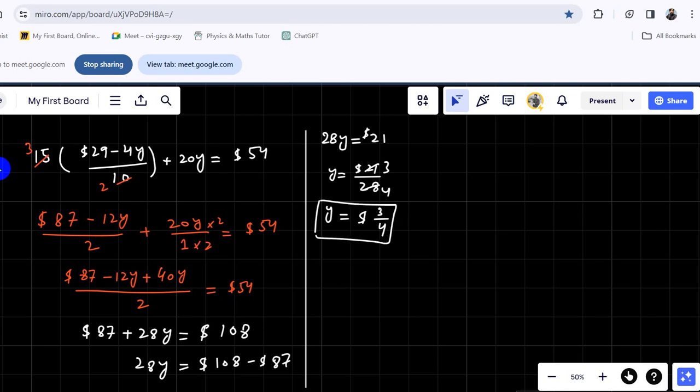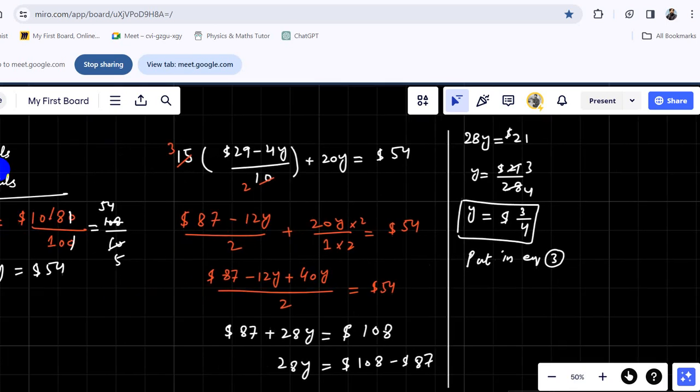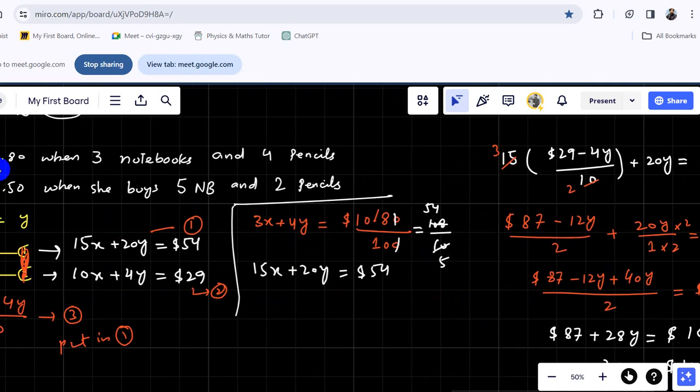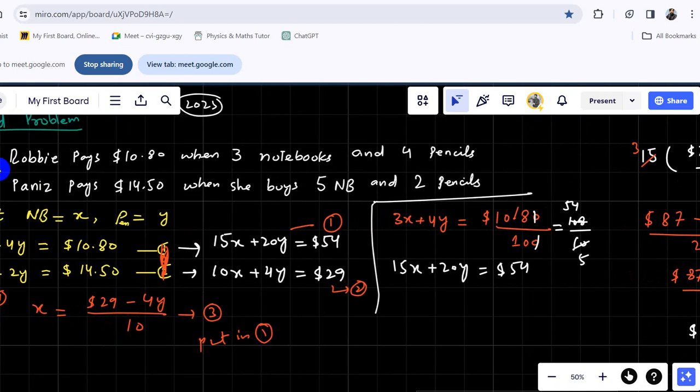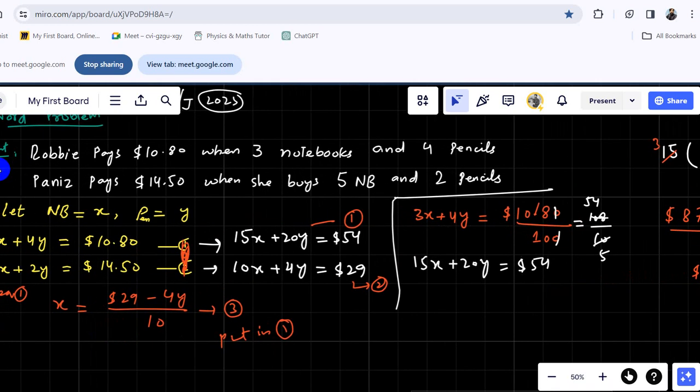And now put this in equation 3. So what was equation 3? The third equation is x equals (29 minus 4y) upon 10.